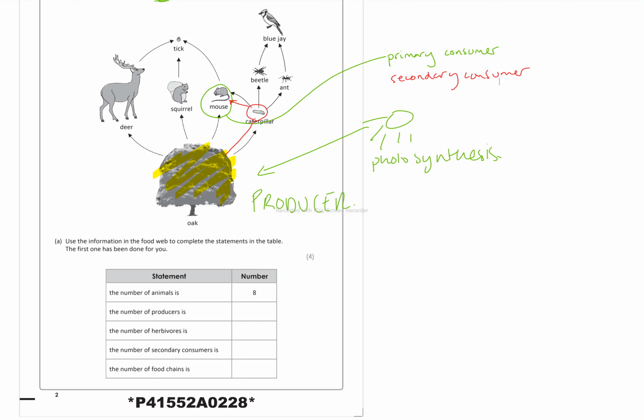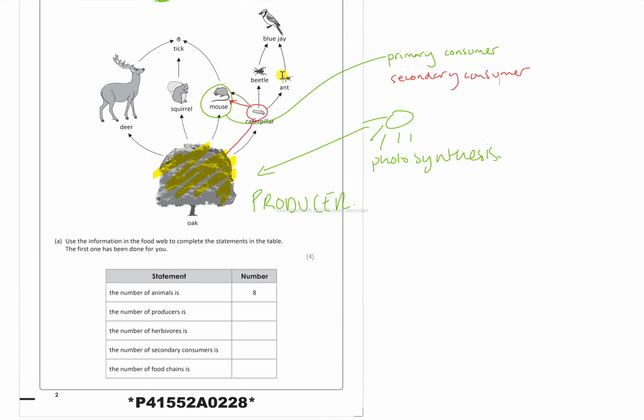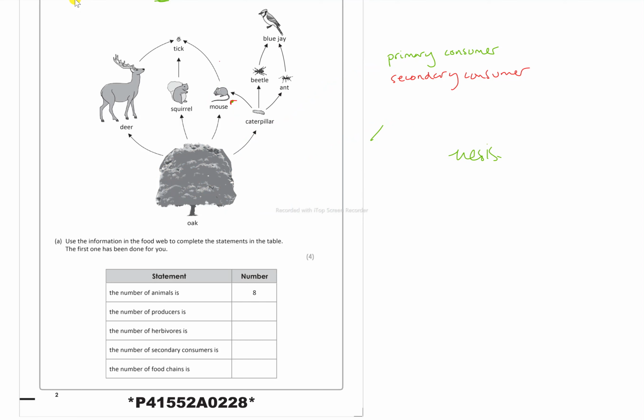So let's look at that. We need to complete this. Right, let's get rid of this. Right. Number of producers is, there's 1 producer.